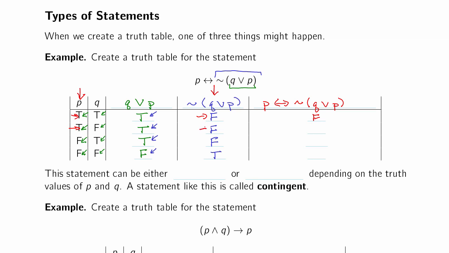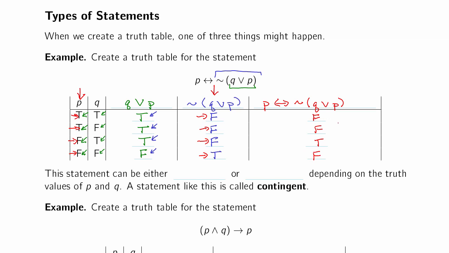True if and only if false, also false. False if and only if false, those are the same, so that's true. False if and only if true, again, that's false.